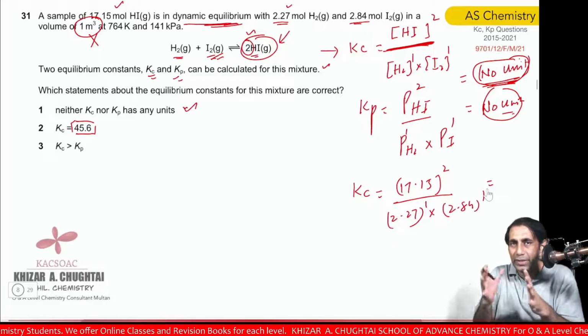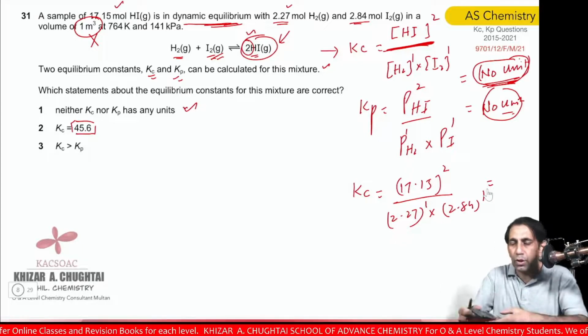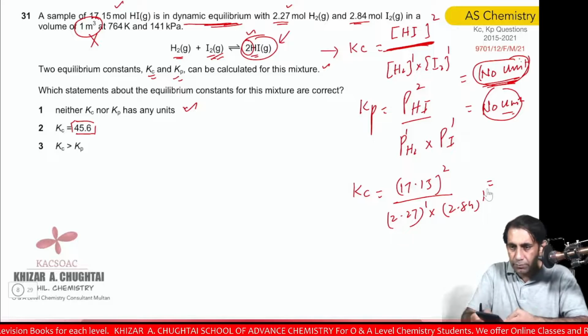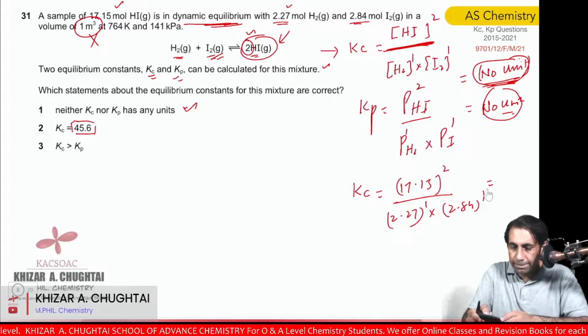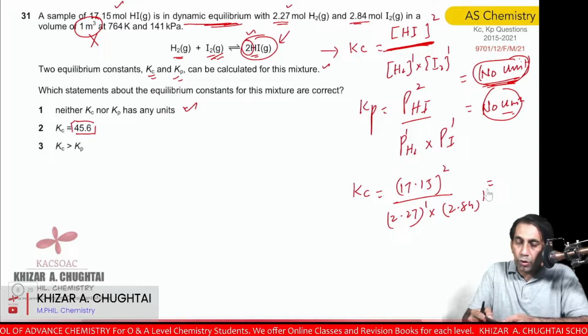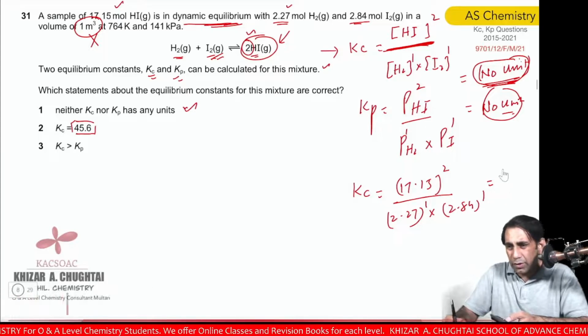The answer will be the same if I put the concentration or if I substitute the moles. The answer will remain unchanged. So 17.15 and its square is equal to 294.12.